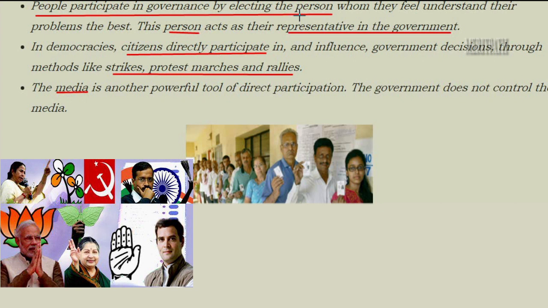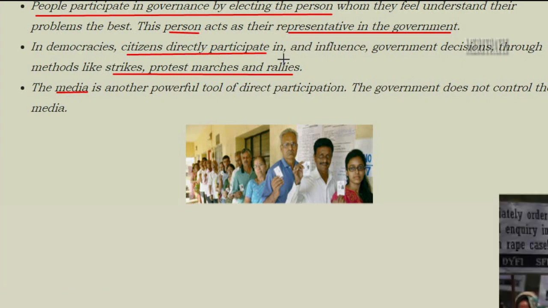But people, with their own choice, will elect only one single person whom they feel is the right person to solve their issues, and this person will act as the representative of the government for that particular town, city or village.